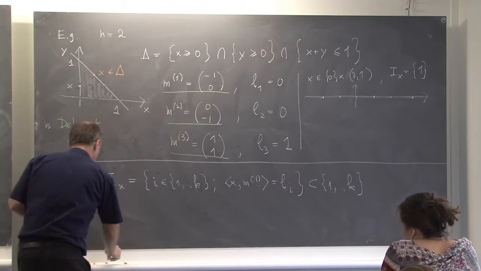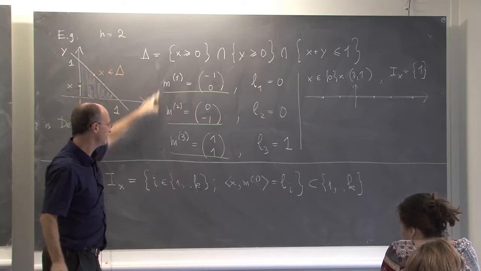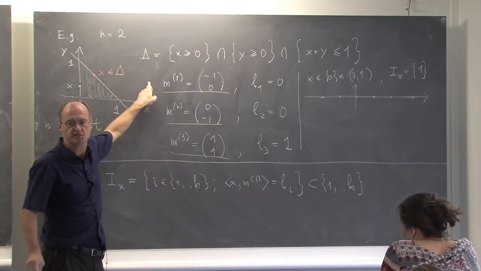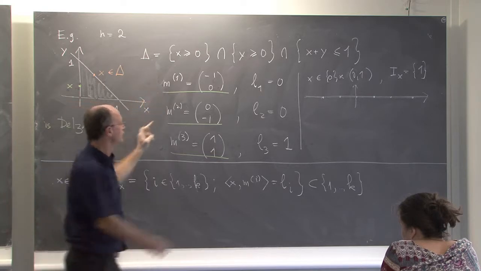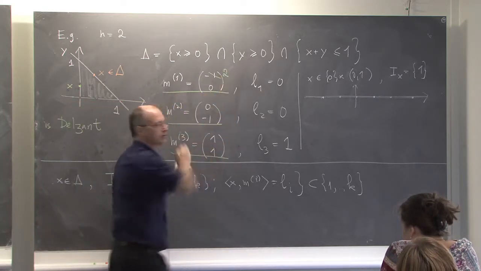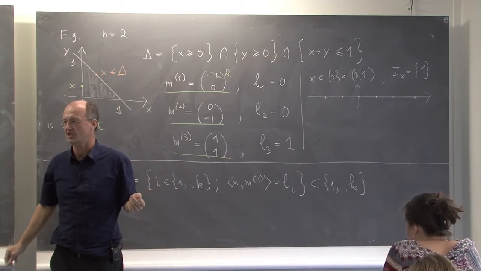But it also tells us that here we have this presentation of the polytope as intersection of half spaces. And of course, we could decide here to write 2 instead of 1. The inequality would be still the same.